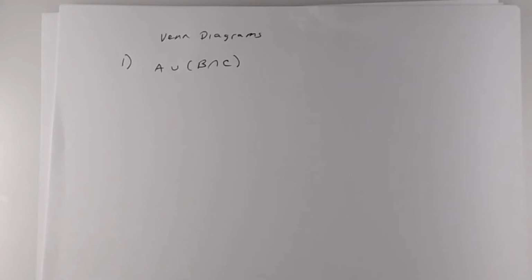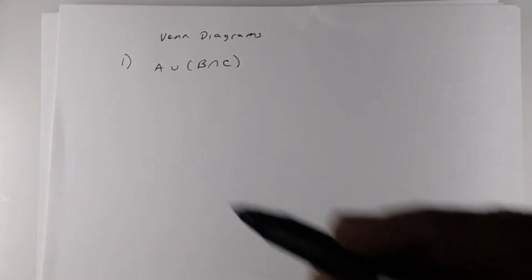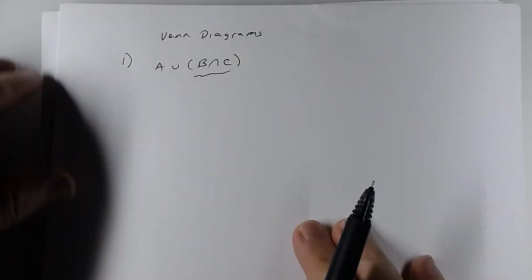What's the first thing you should look at? What's inside the parentheses, B intersects C. So let's go find B intersects C first.